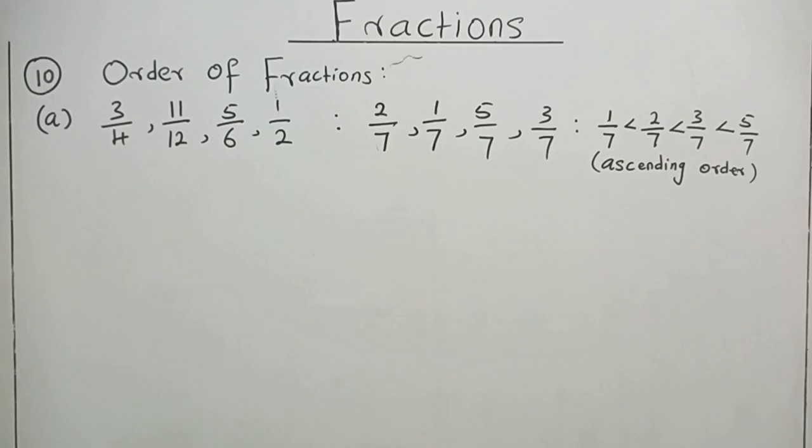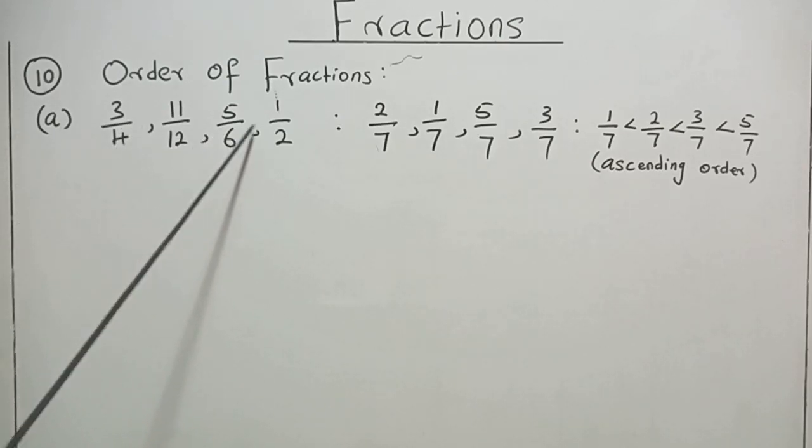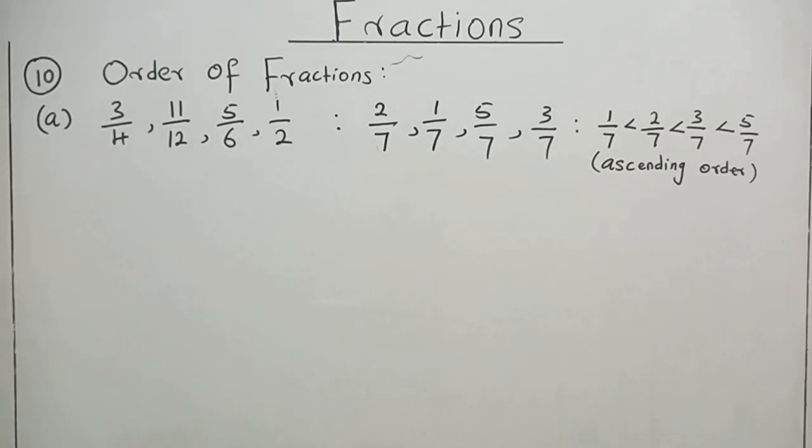Surely it is. Why? Because we should recall what happened at the time we discussed equivalent fractions. We can just look at 4, 12, 6, and 2, and then take one of their common multiples. 4, 12, 6, and 2 have common multiples.